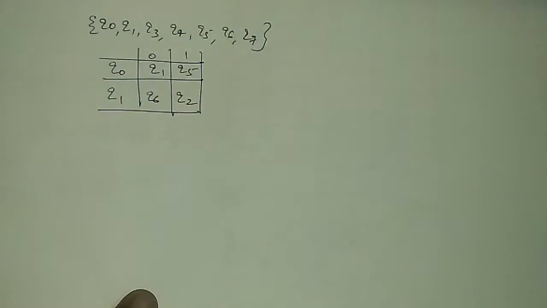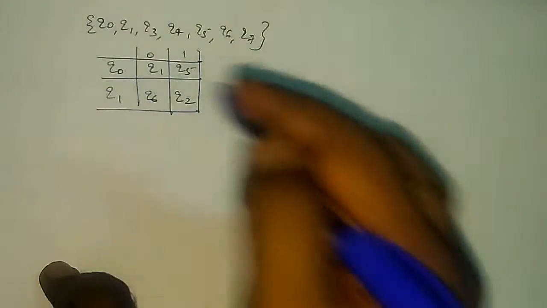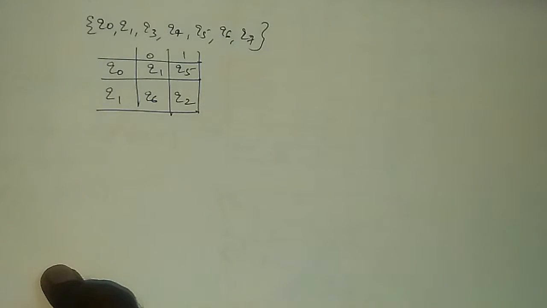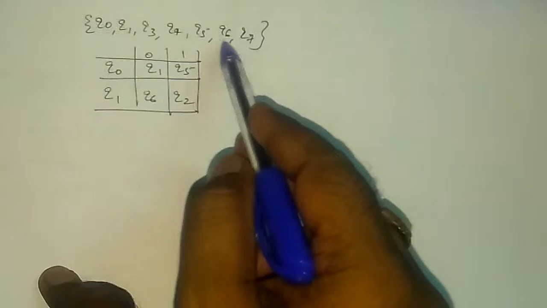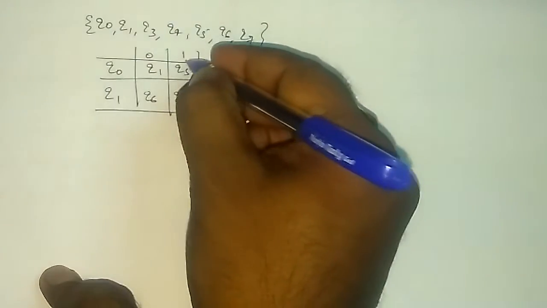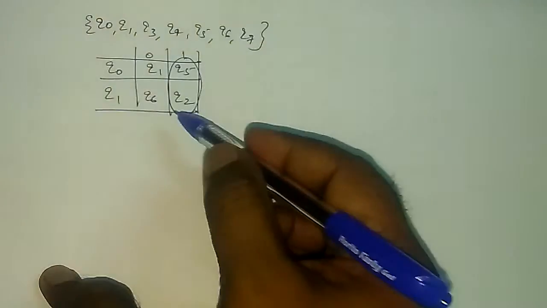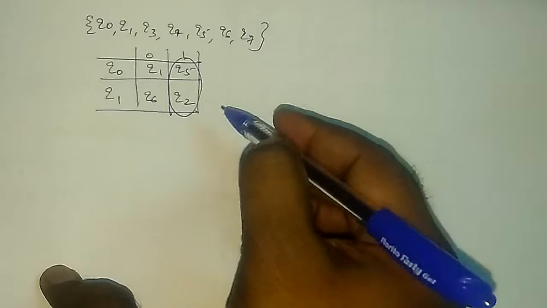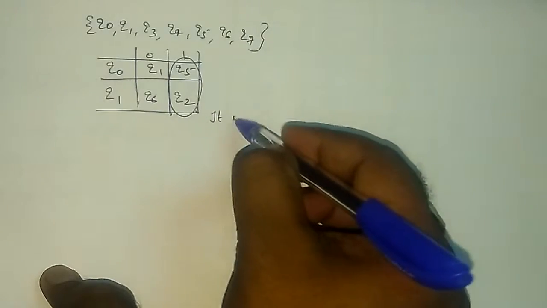Now I should see the vertical side, not horizontal. Vertical Q1, Q6: they belong to the same set. But see here, vertical Q5 and Q2. Q2 is a final state and it belongs to another set, so it is not one equivalent.